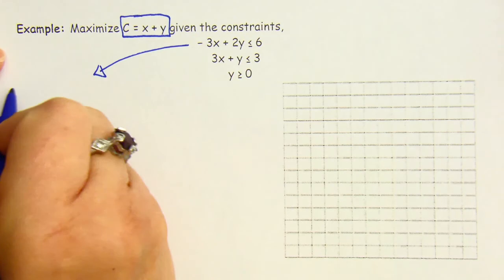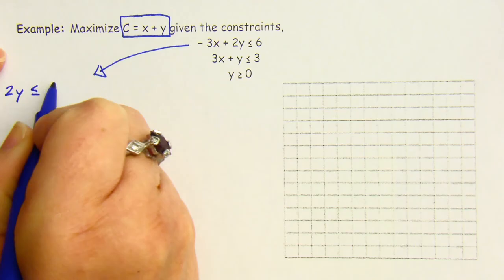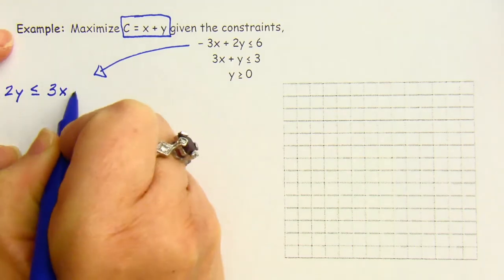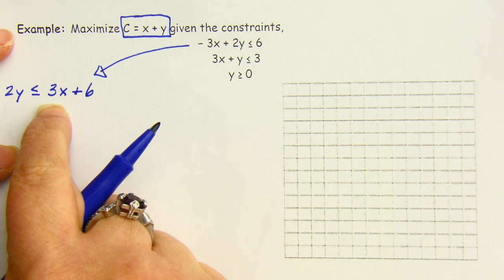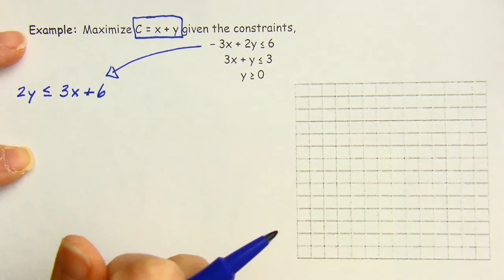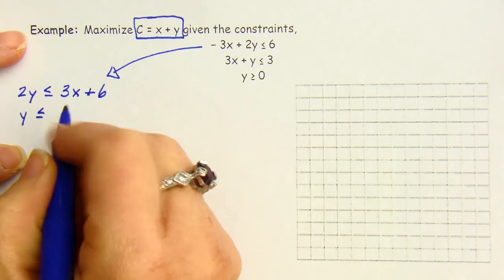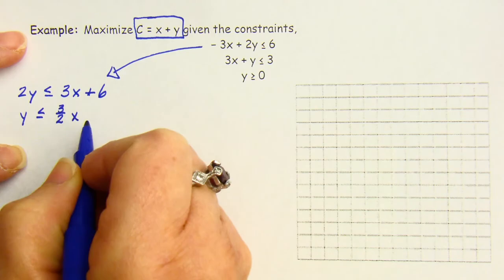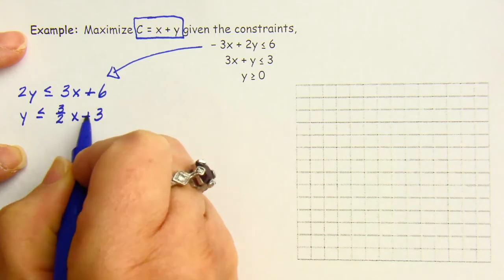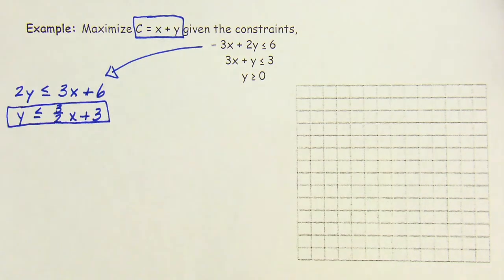So we get 2y is less than or equal to 3x plus 6. Always make sure that you're putting the x in the front so that this is set up to look like y equals mx plus b. We're going to divide by 2. So we get y is less than or equal to 3/2 x plus 3. This is going to be one of our boundary lines.